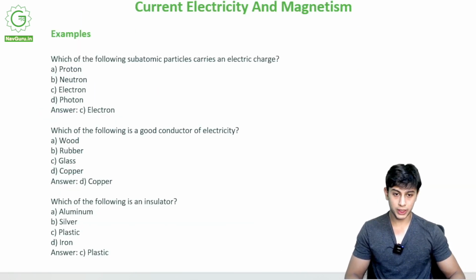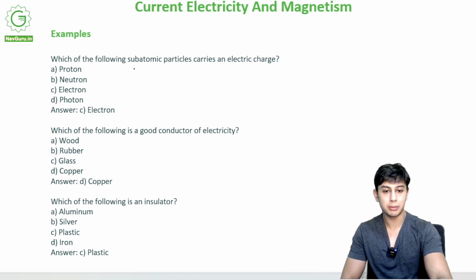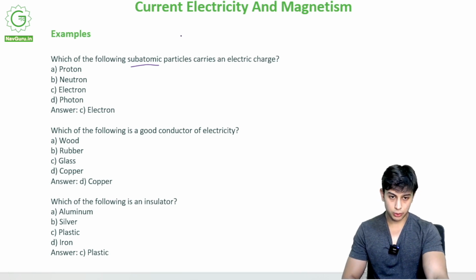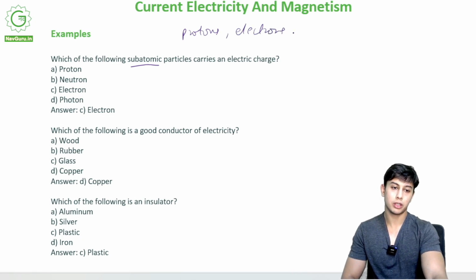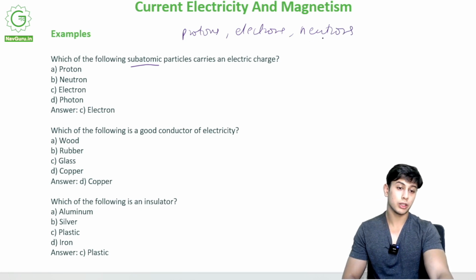Which of the following subatomic particles carries an electric charge? What do I mean by subatomic? If you remember in the lectures, I told you that there are protons, electrons, neutrons. And I also told you that this is at the smallest level, even beyond atoms.